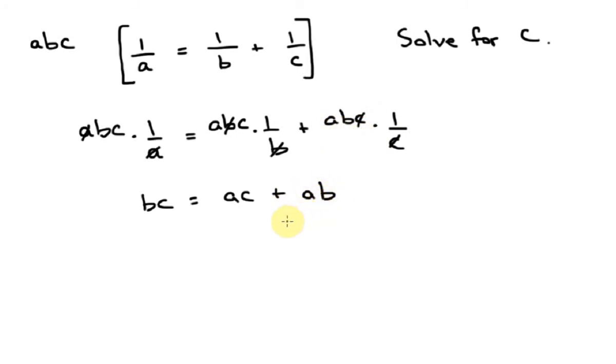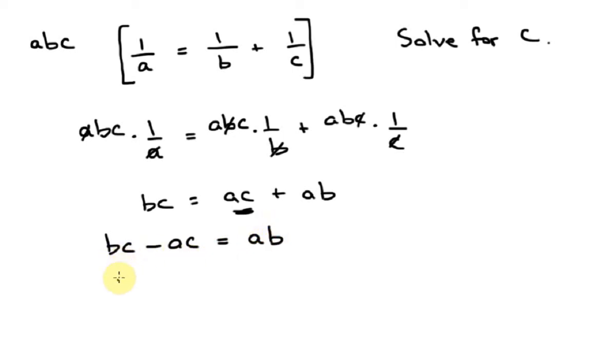Now, a lot of students get to here, and they're not sure what to do. So watch closely. We take every term that has a C in it, and that's because we're solving for C. And we make sure they're on the same side. So I'm going to subtract the AC over to the left side. And that just leaves me with AB on the right side.